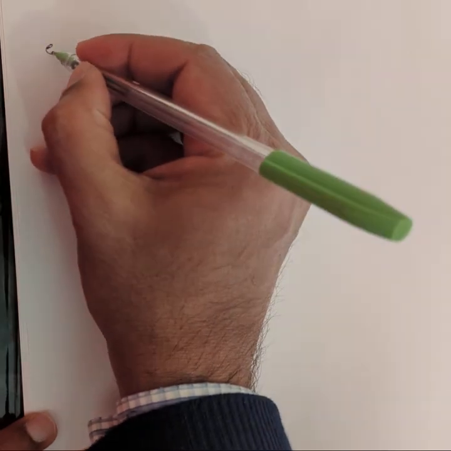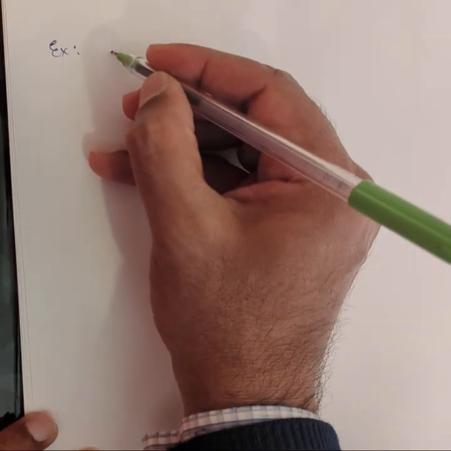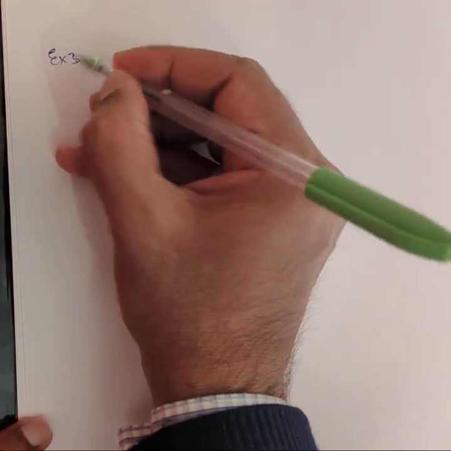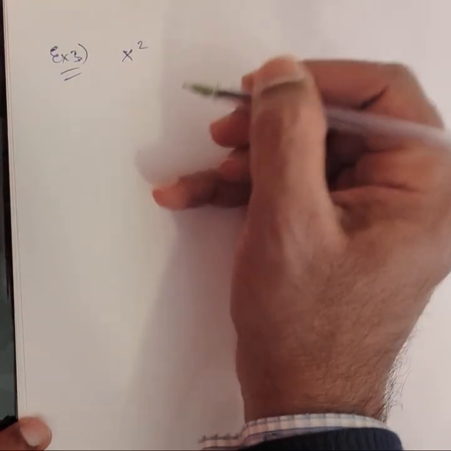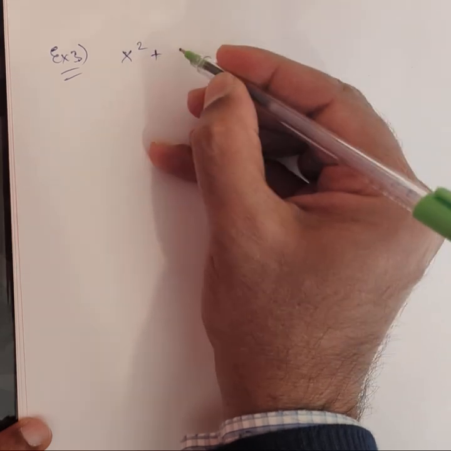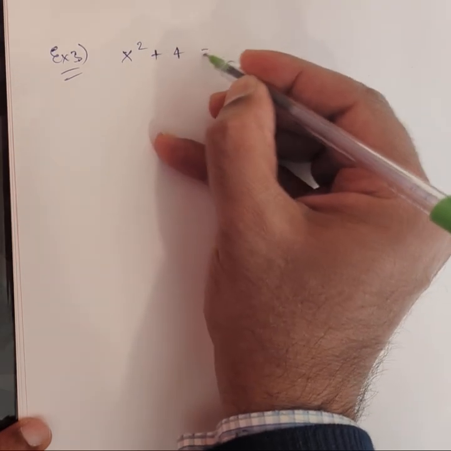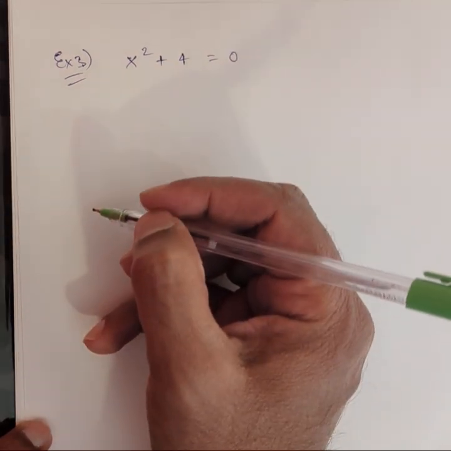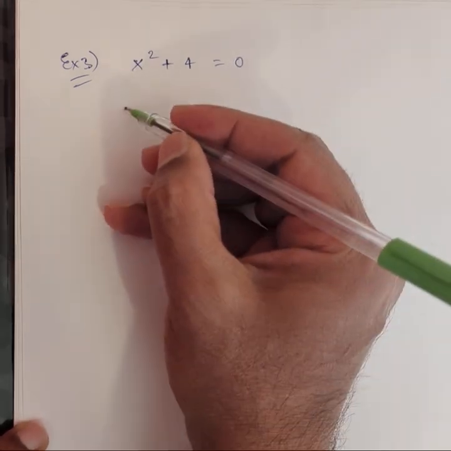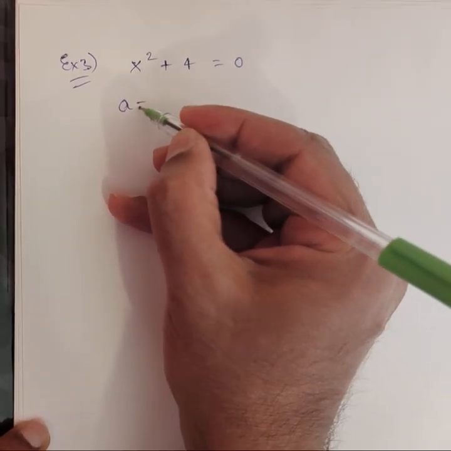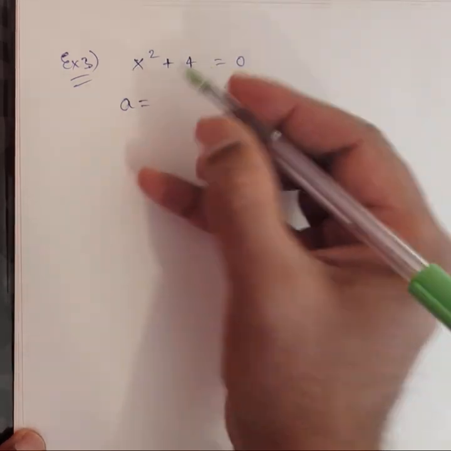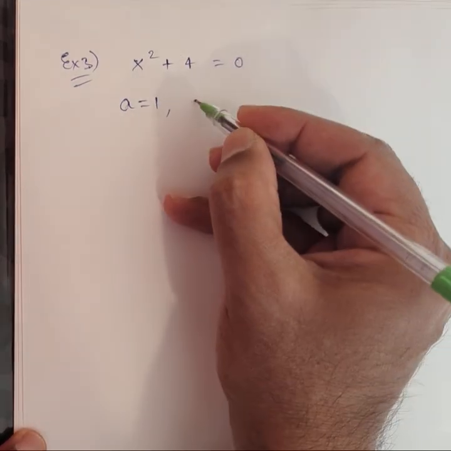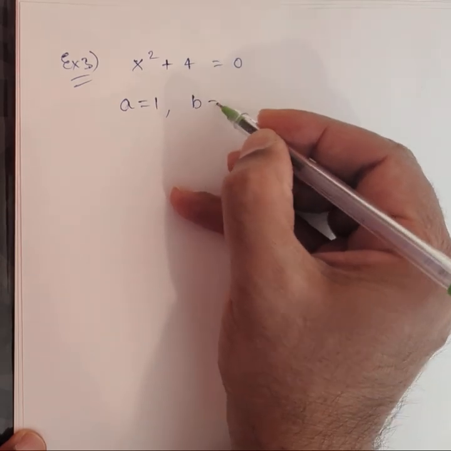Now let's look at one more example. So this time I'll just say example 3. Let me just take x squared plus 4 equal to 0. Now, I have to be careful in writing the values of a, b, c. A is the coefficient of x squared, which is just a 1, and b is not 4.